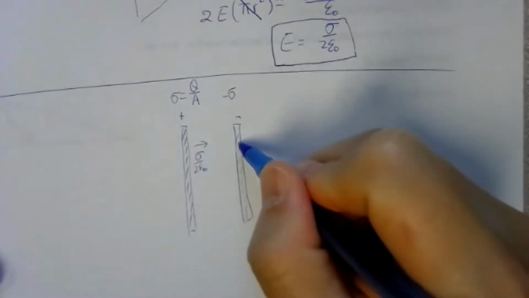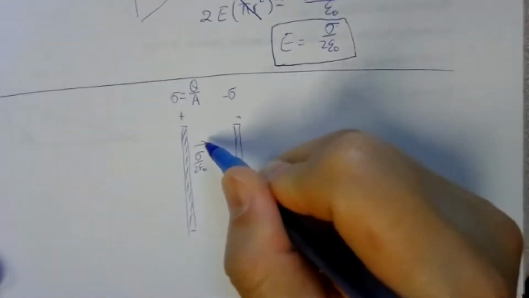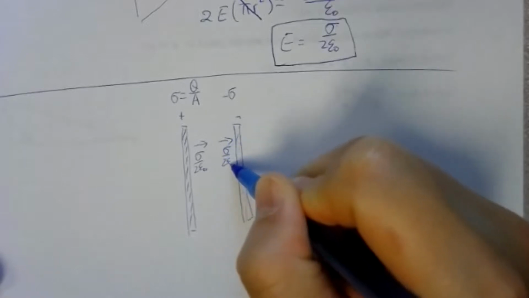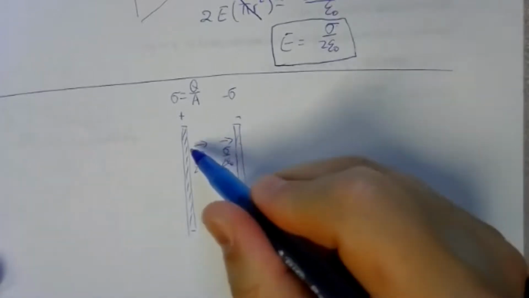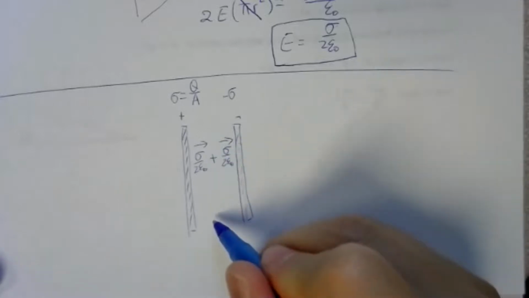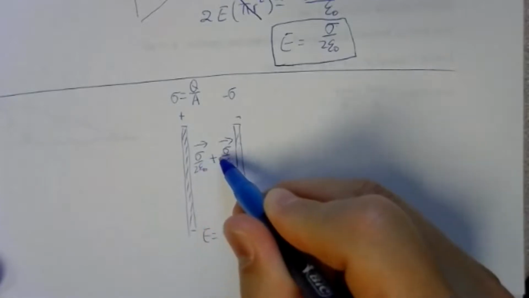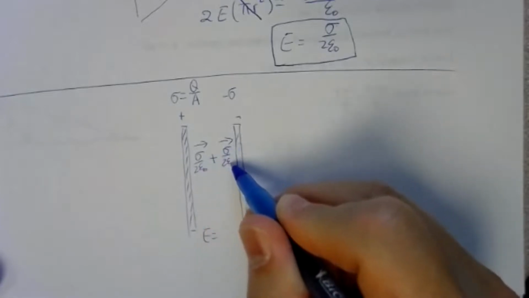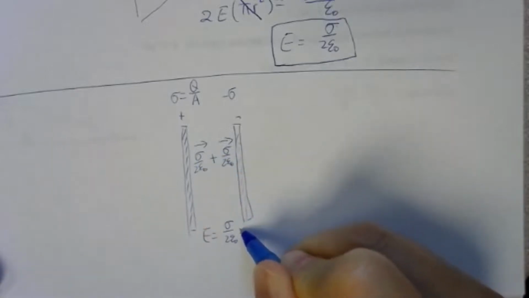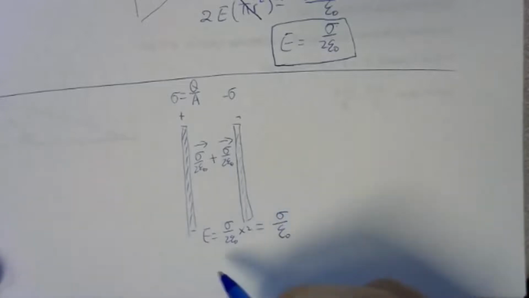By the other plate, the negative plate, it will be pointing towards that, also sigma over 2 epsilon naught. So in between the two plates, these two add up. The E field will be equal to sigma over 2 epsilon naught plus sigma over 2 epsilon naught, which means sigma over 2 epsilon naught multiplied by 2, which is sigma over epsilon naught. So this is the E field.